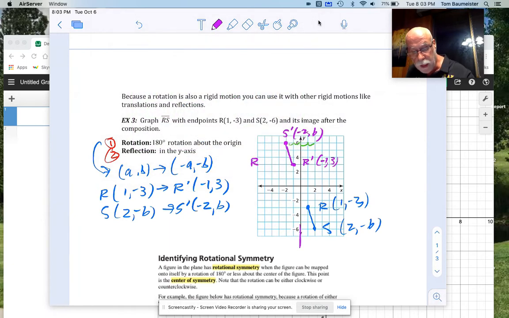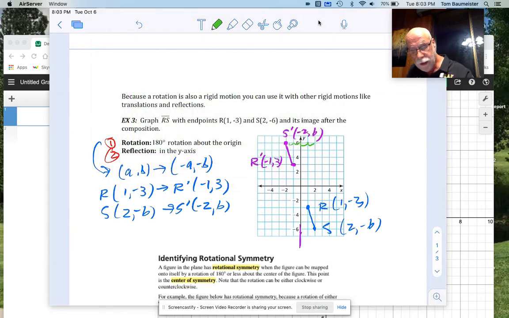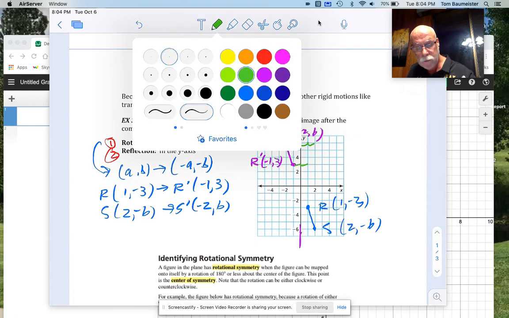So R prime is at negative 1 and 3. Now I can erase it over here because that's going to be in the way. And let's see here. So on that one there, if I move it 1 to the y-axis, I'm going to move it 1 there.